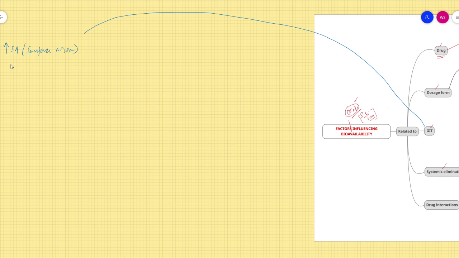The next factor which is related to the GIT is the increased blood flow. If the blood flow to the GIT is somehow disrupted, maybe due to surgery, then bioavailability decreases. Patients who undergo surgery, before undergoing surgery, they are not given anything per oral. NPO, nil per oral.